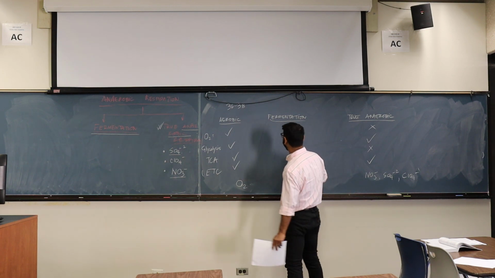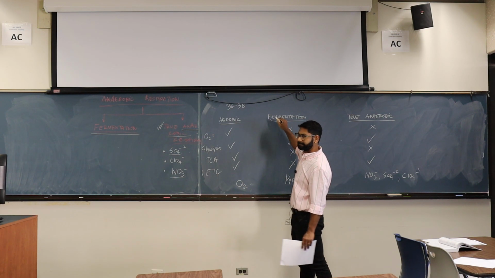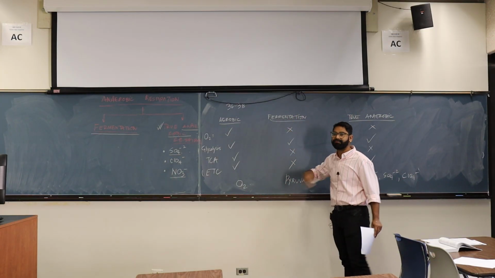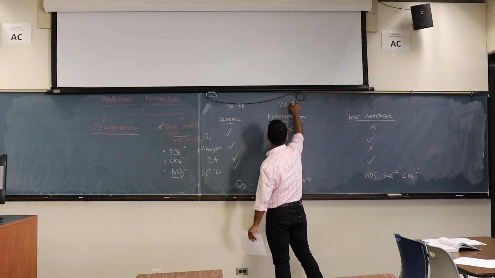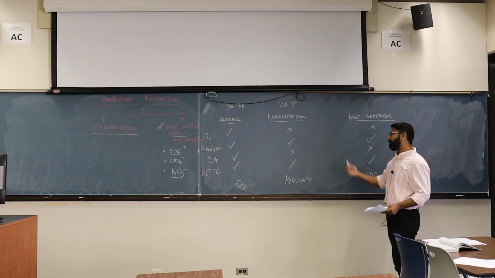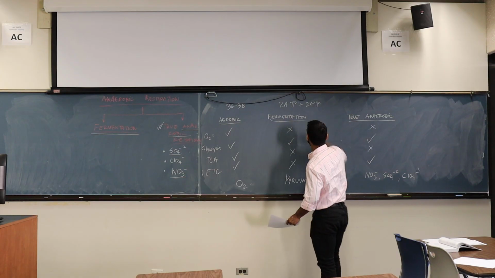What is the net ATP yield of the fermentation? In the glycolysis 2, and then in the fermentation process 2. So I'll just write 2 in the fermentation process. I mean 2 plus 2, let's write it this way.